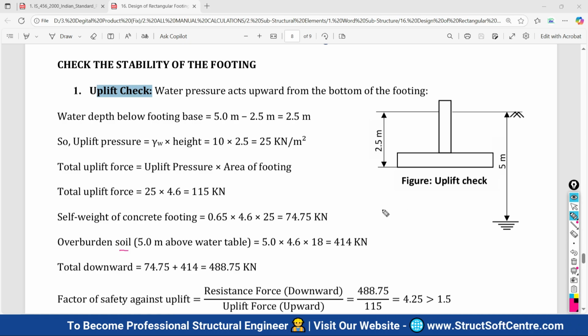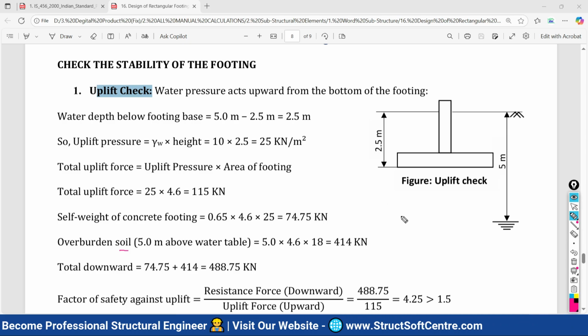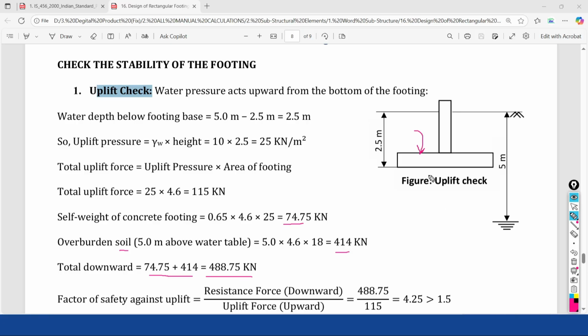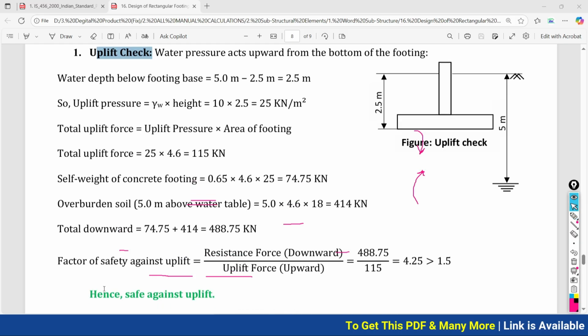Now finally the load which is acting in downward direction will be 74.75 plus 414 kilonewton. If you add these two values, you will get the total downward force, 488.75 kilonewton. It is a downward force, and there is an uplift force also present, that is nothing but 115. Now we have to check the factor of safety against uplift.